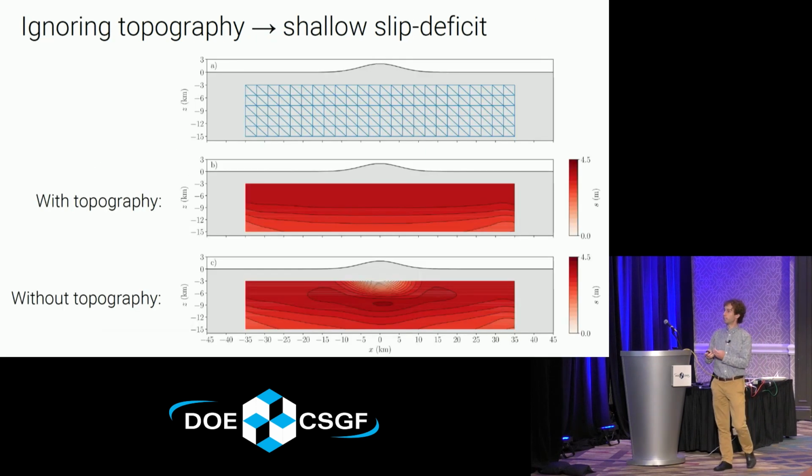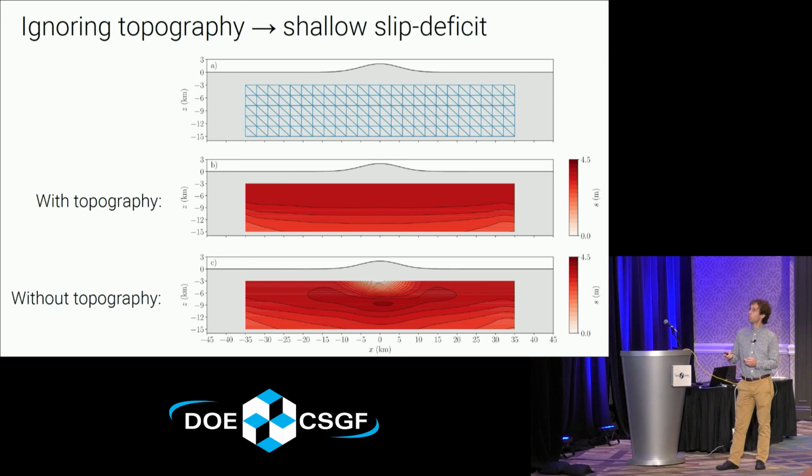So what I'm showing here is that result. So again, we have the fault discretized into a bunch of triangles. As a function of depth, the fault does not actually extend to the surface in this case. And then in the first panel, I'm essentially inverting with the correct model, the model that produced our observations at the surface of the Earth.